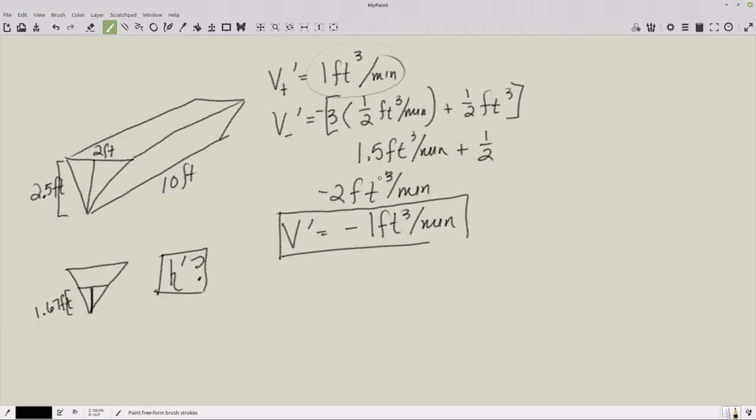What are we using in the volume? Well, we have a length here, a height here, and a base here. The volume of this shape is basically the area of this triangle multiplied by the length.